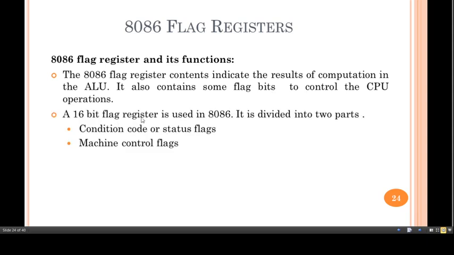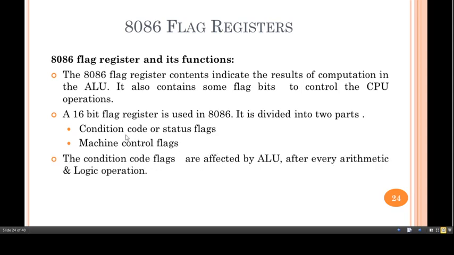So the 16-bit flag register means a total of 16 bits are available in this flag register. The 16-bit flag register is used in 8086 and it is divided into two parts: condition code or status flags, and second is machine control flags.